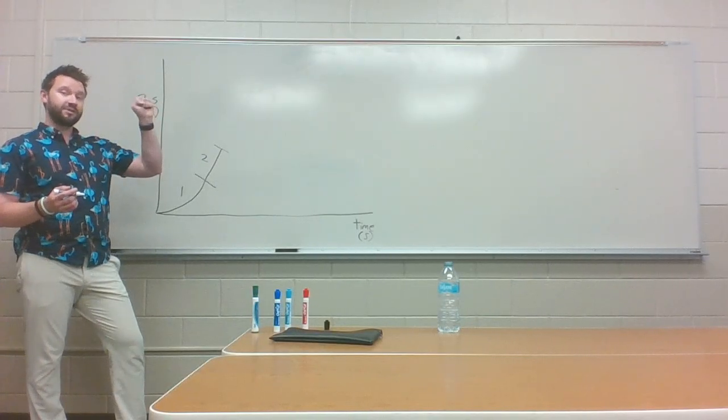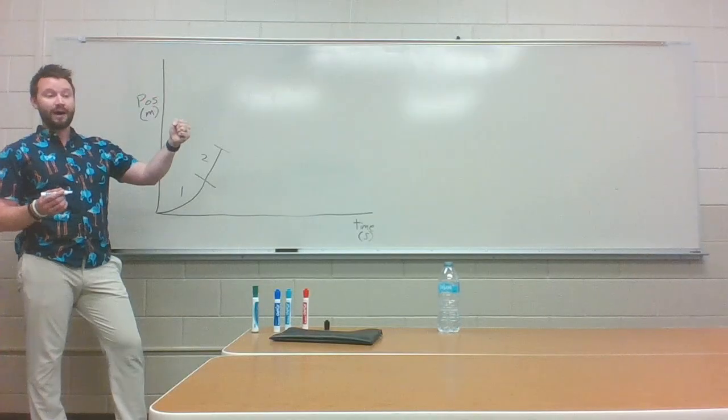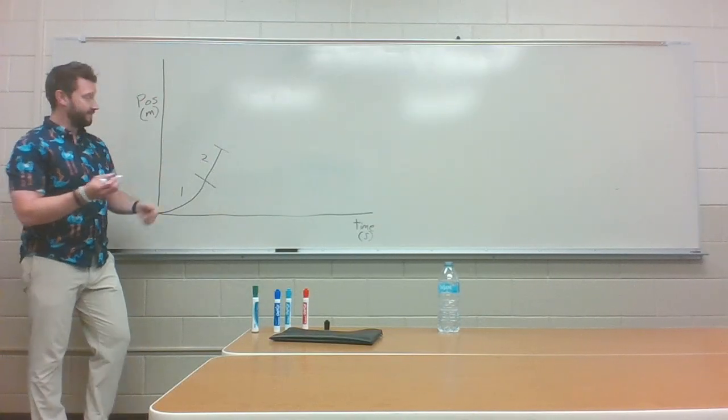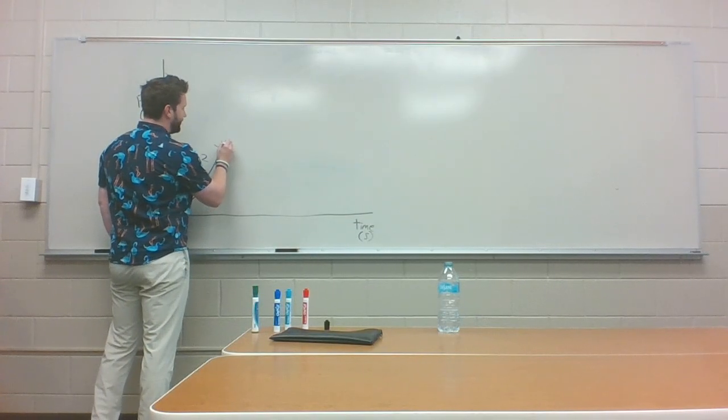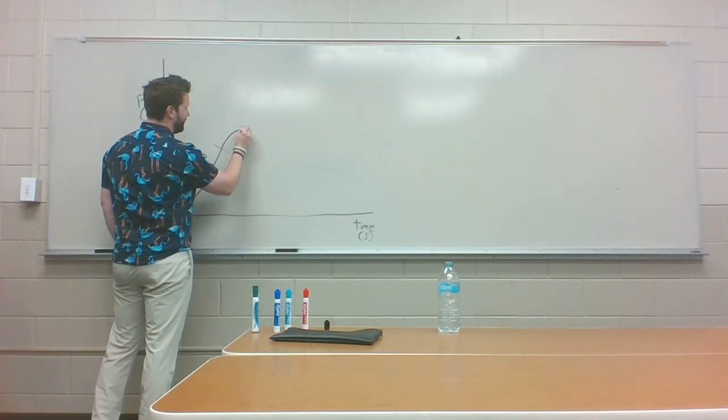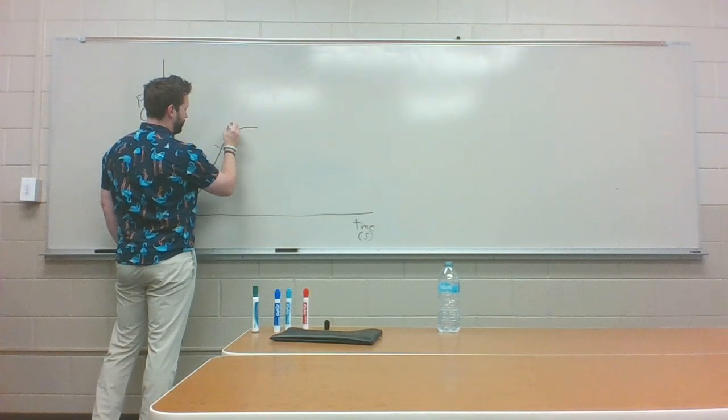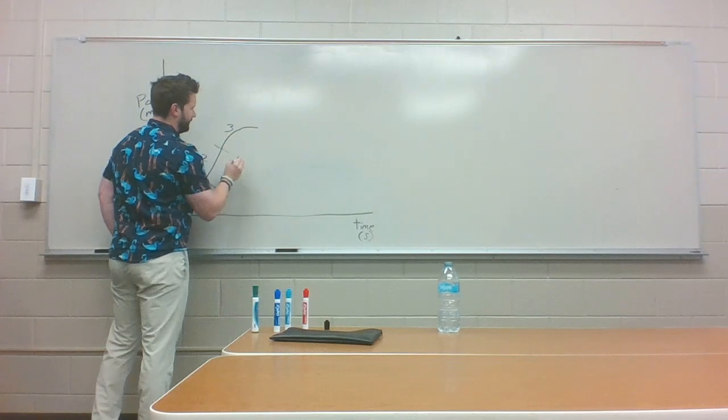And then as we start to get to our first stop, floor number 4 for the elevator, we're going to have line number 3. It's going to start to flatten out, eventually coming to a stop.